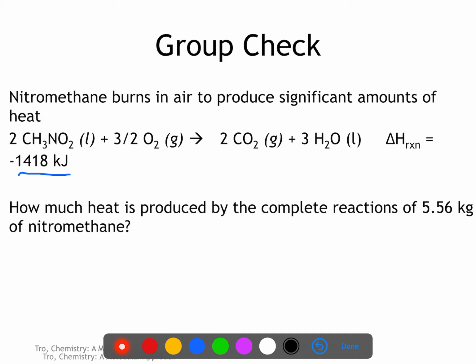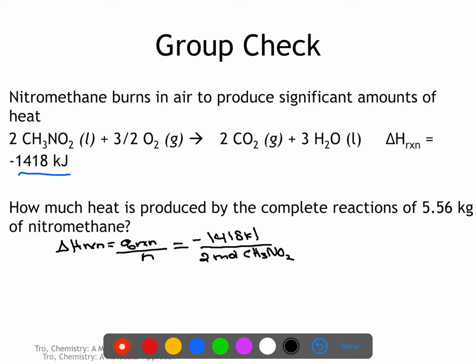Well, I know that my heat of reaction represents my Q over my amount of moles, the amount of the reactants. So I'm going to specify that, and I know that I have negative 1,418 kilojoules over, since I'm looking at nitromethane, 2 moles CH3NO2.